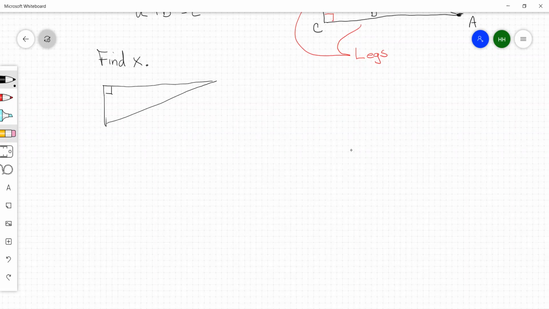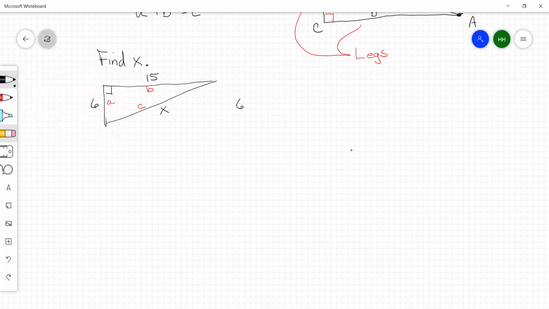We got a 6, we got a 15, and we got an x. Now, if you need to, label the sides. The two sides that form the 90, those are A and B. The side across from the 90, that's your side C.